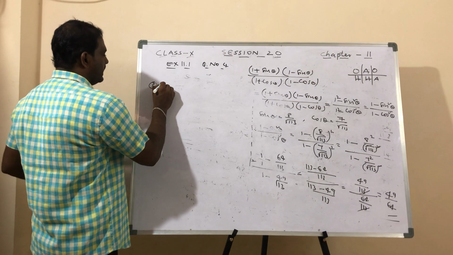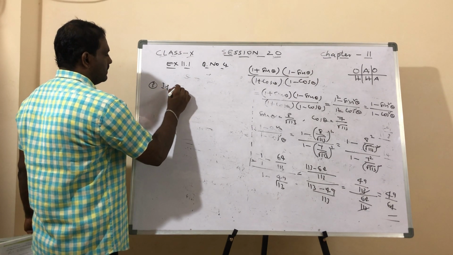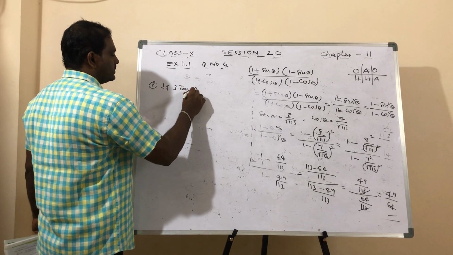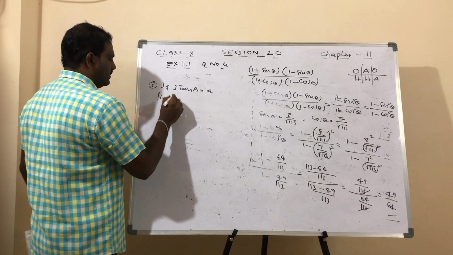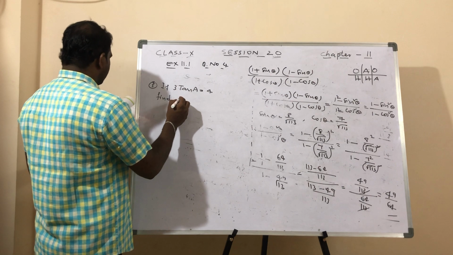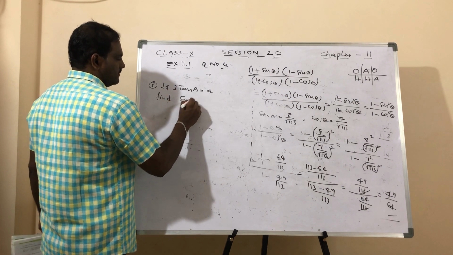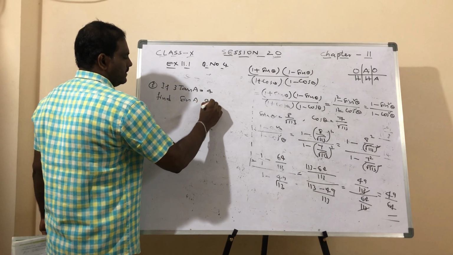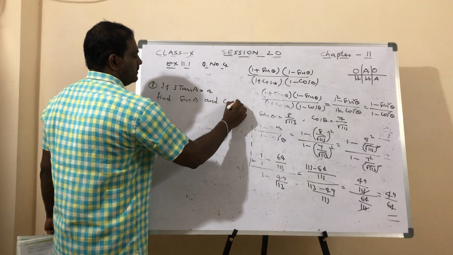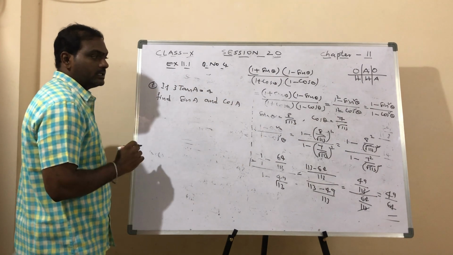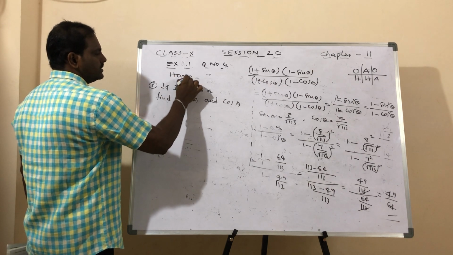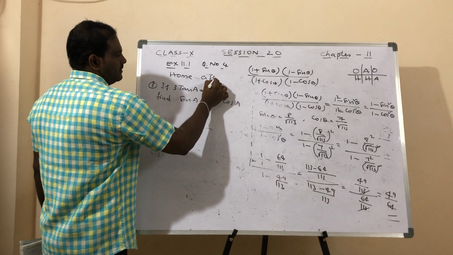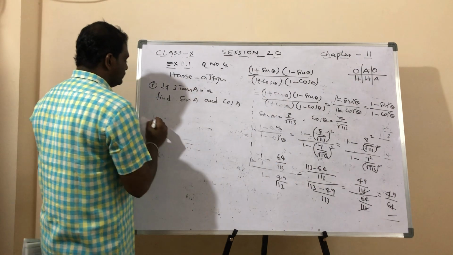if 3 tan A is equals to 4, find sin A and cos A. So this is the third sum you have to do. Home assignment, today's assignment. There are totally 4 questions you have to do. 2 I have explained.